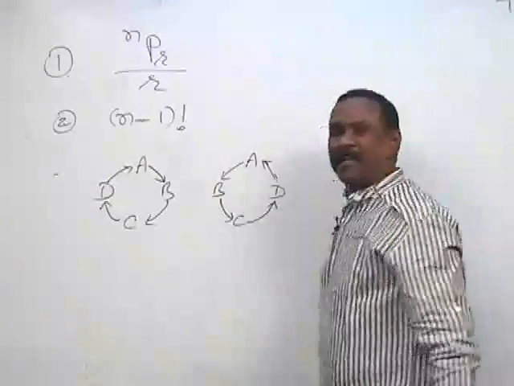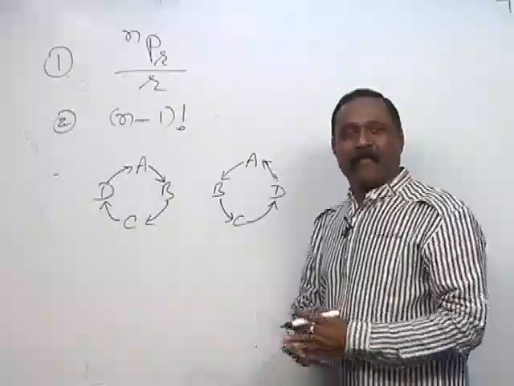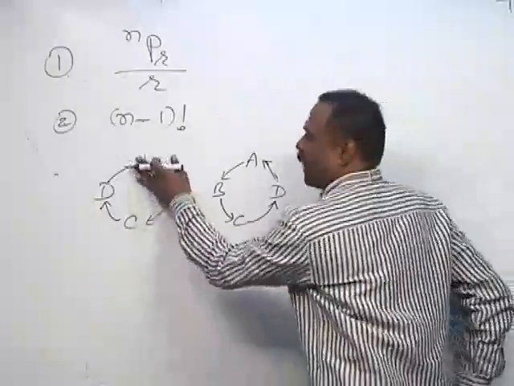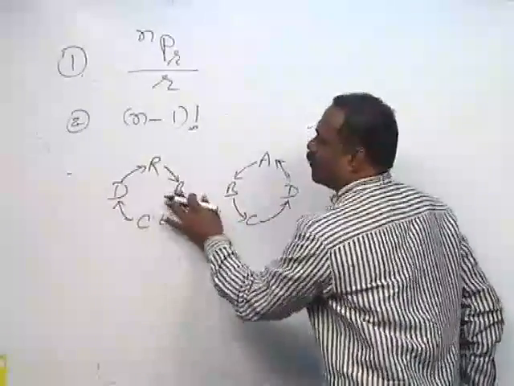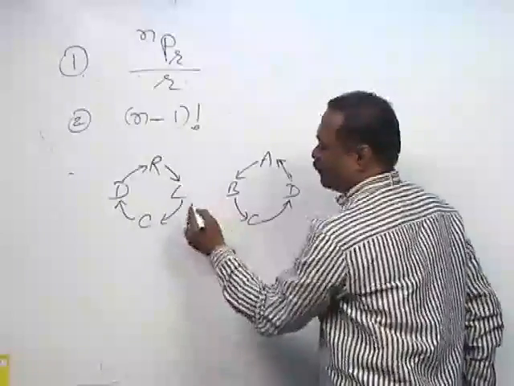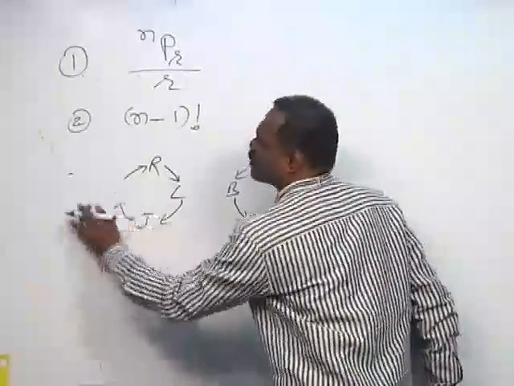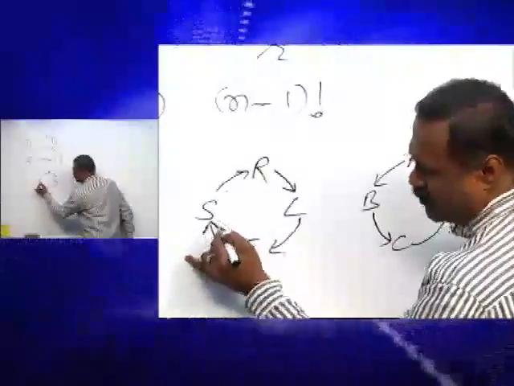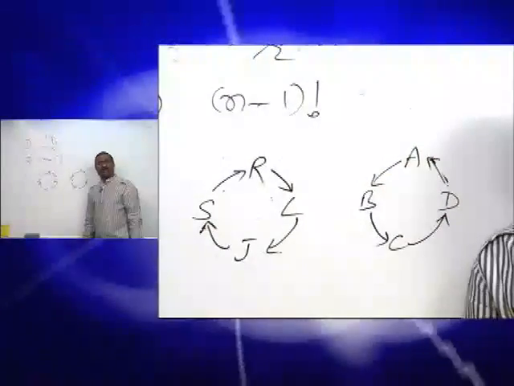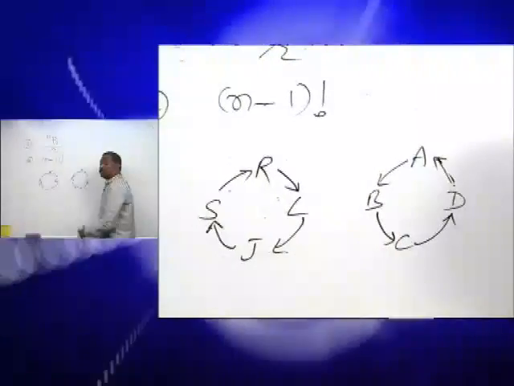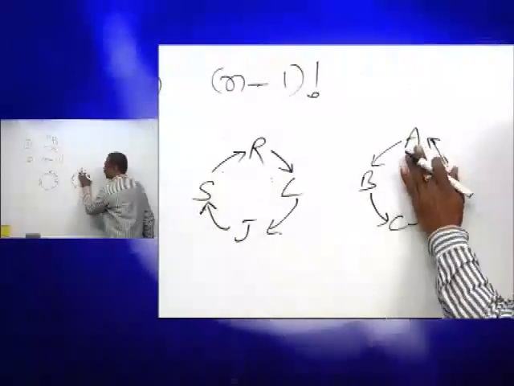But in this case, if flowers are placed, then let me say this is rose, this is lily, this is jasmine, and this is some sunflower. Whatever it is, 4 flowers are taken. Then what I'm doing, I'm interchanging this now.